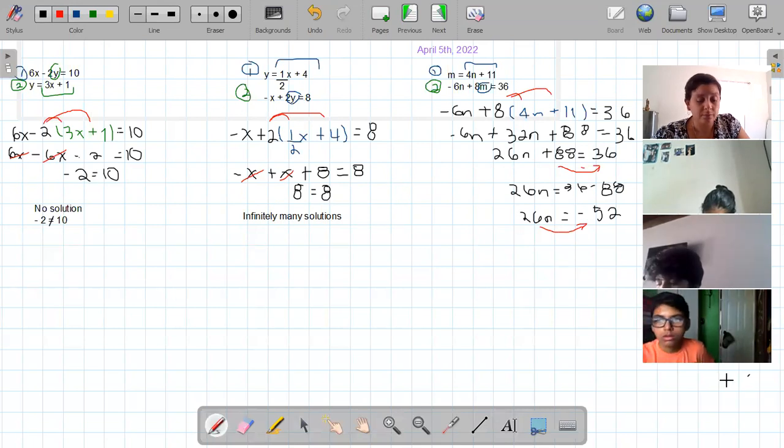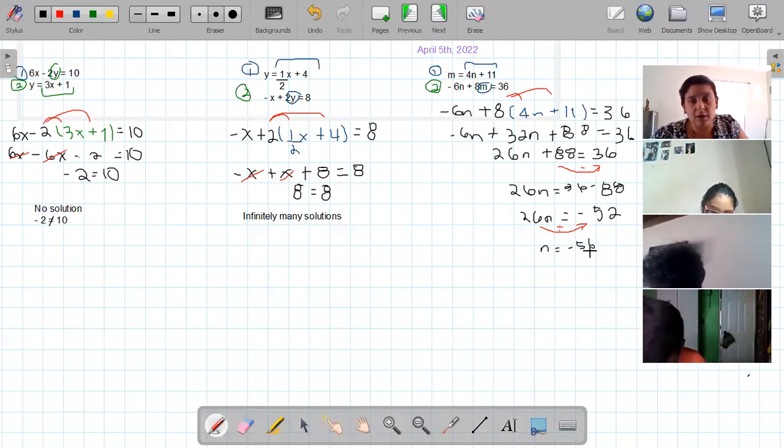Doing what? Dividing. Okay, so I'm going to have now that n is equal to negative 52 divided by 26. How much is that? Negative 2. n is equal to negative 2.